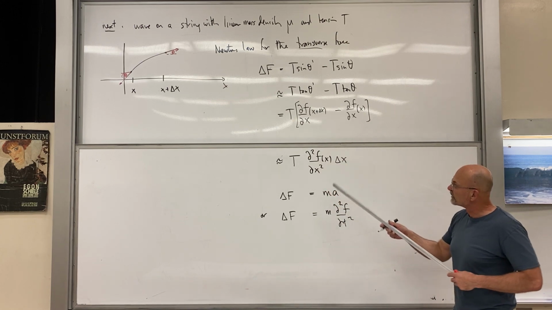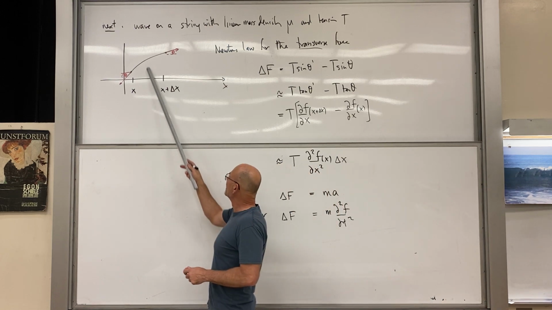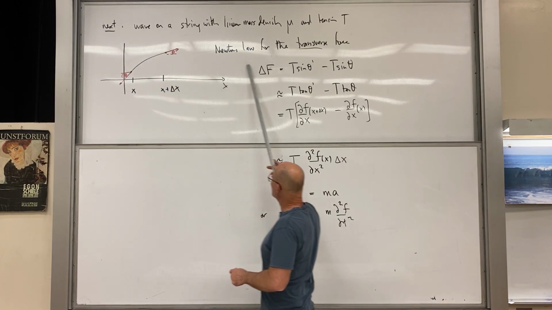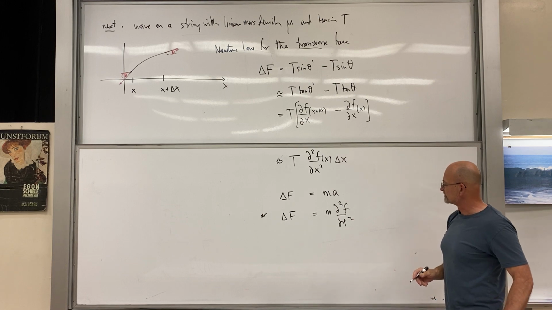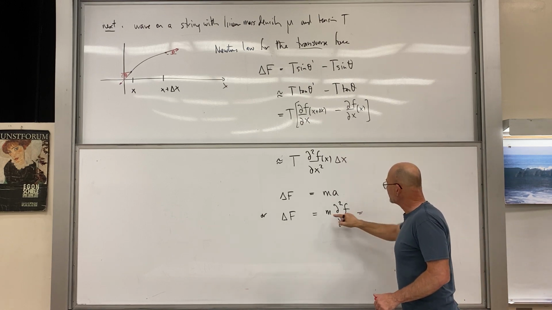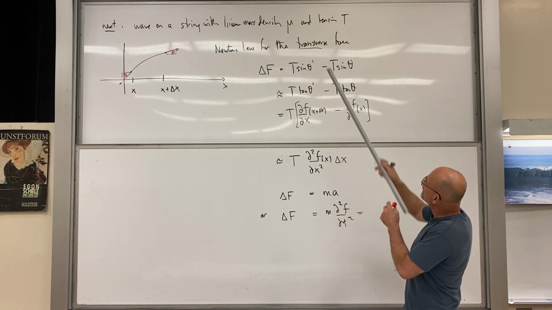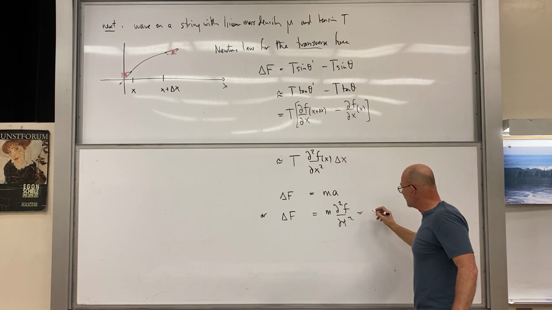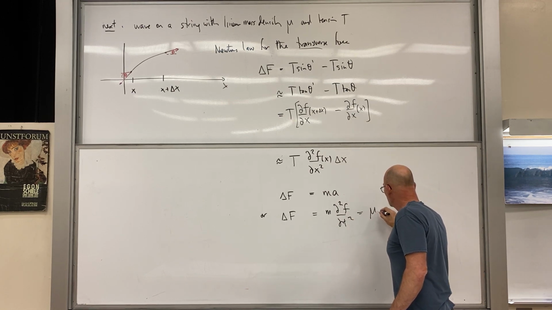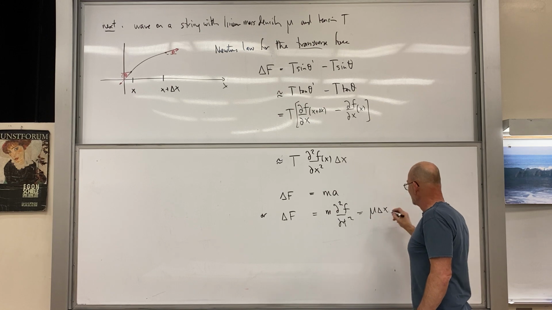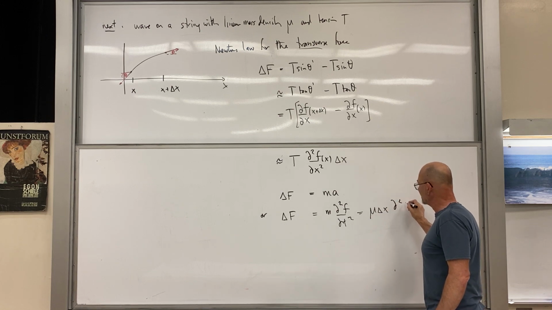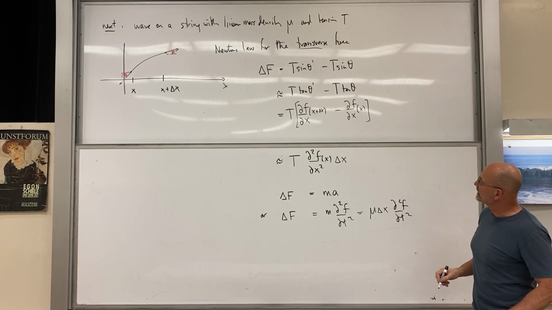Again, that's that transversal acceleration perpendicular to the x-axis. And here for the mass, we've got the linear mass density, so that would be mu delta x, and then we have the d squared f dt squared, and now we can put them both together.